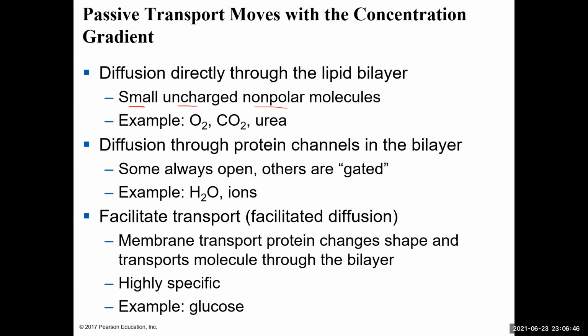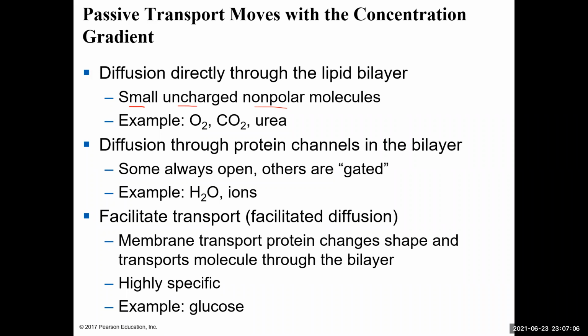Because remember, those fatty acid tails, they don't like polarity. They don't like any molecules that are polar. So if there's a polar molecule, then it's not going to be able to diffuse. It's going to have to move through using a protein channel.